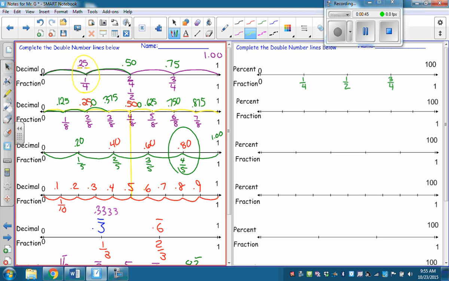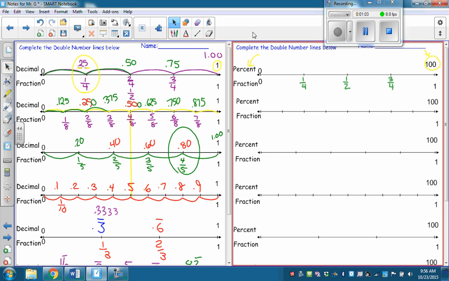And so that is your percent, 25 per 100. So instead of having the 1 on the end of the percent bar, since it's a percent, we don't have a 1, we have the 100. And so if we can learn our benchmark fractions on the left, we should be able to write all of our percents just as easily on the right.